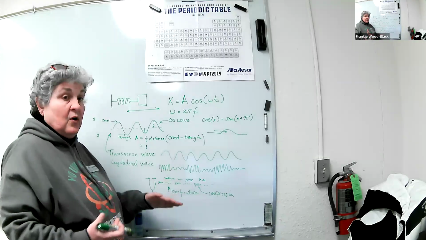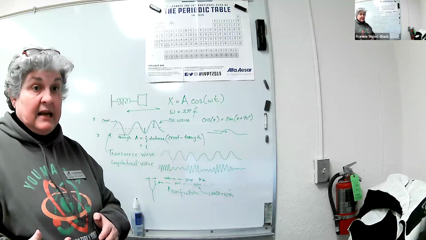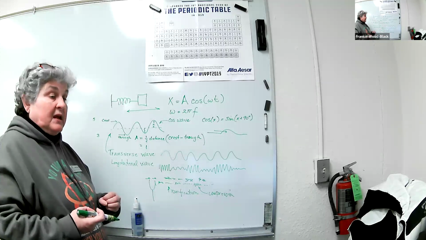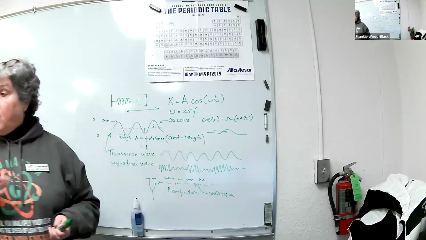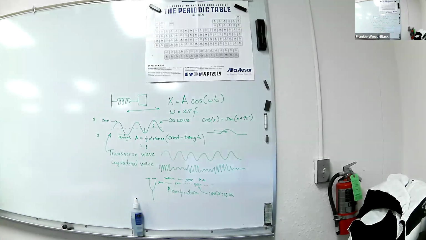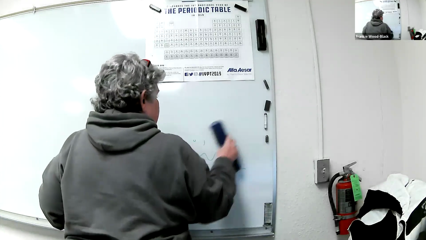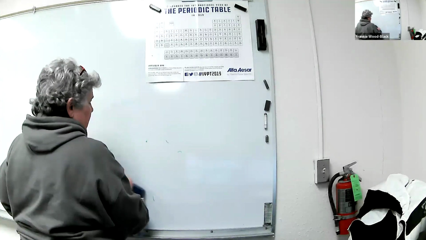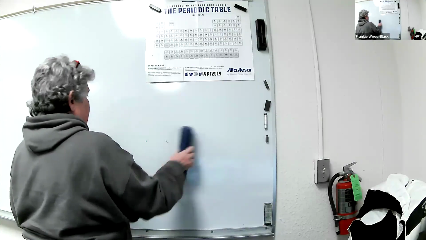But mechanical waves have to have a medium, because one of the things we know as we start dealing with sound is that sound is a mechanical wave, and it's got to have a medium.